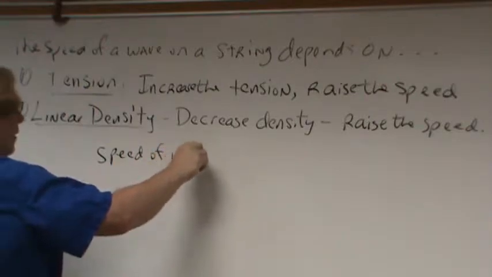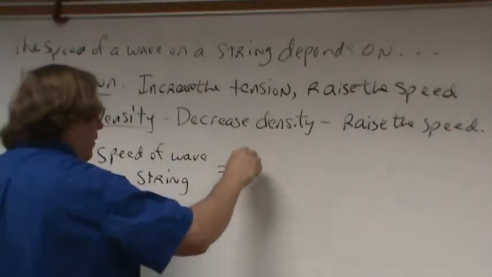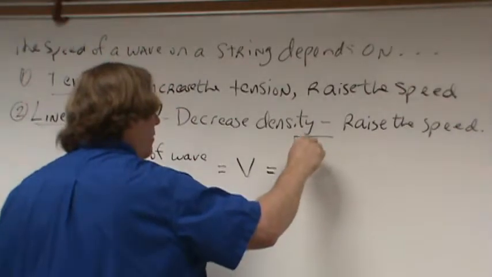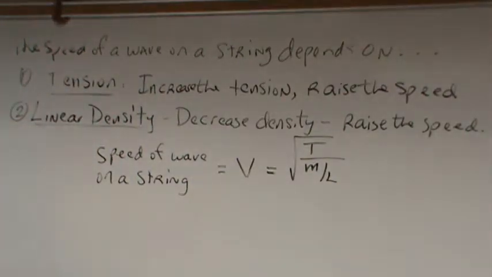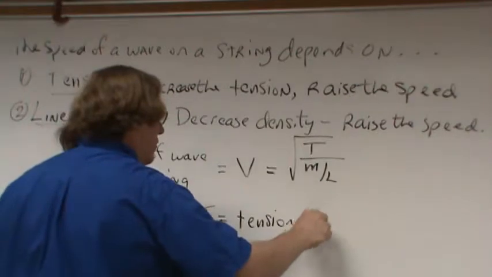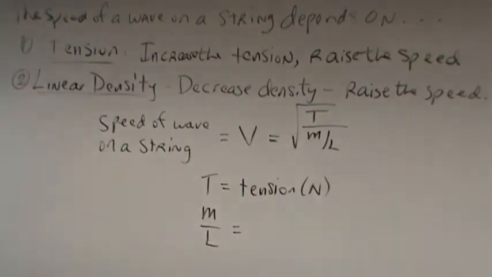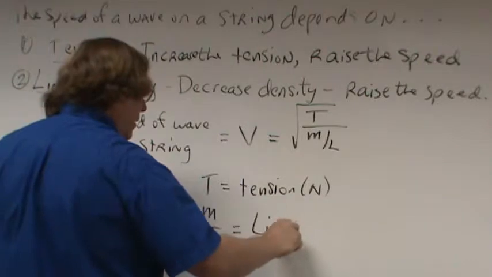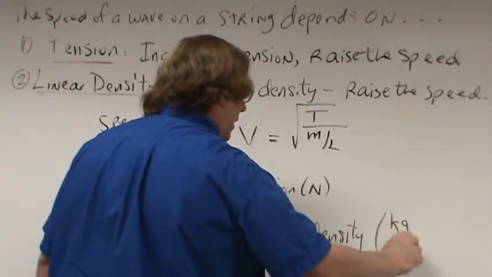Speed of wave on a string: v equals the square root of tension over mass over length, where T equals tension, measured in newtons, and M over L, mass per unit length, we call the linear density. The units of linear density are kilograms per meter.